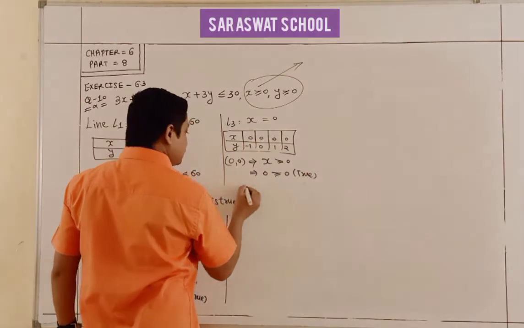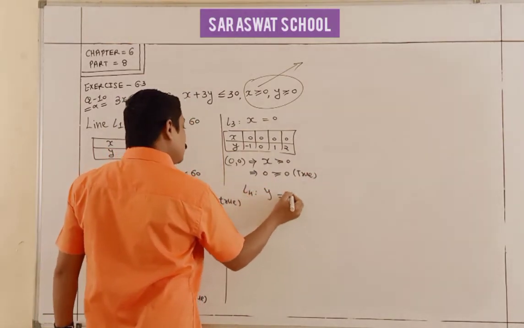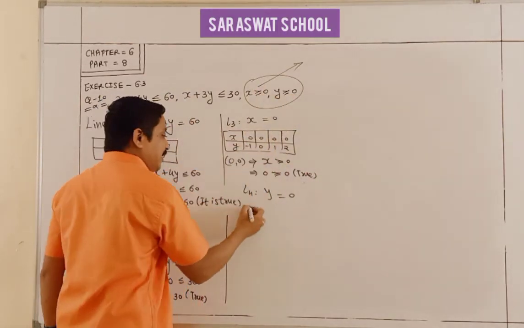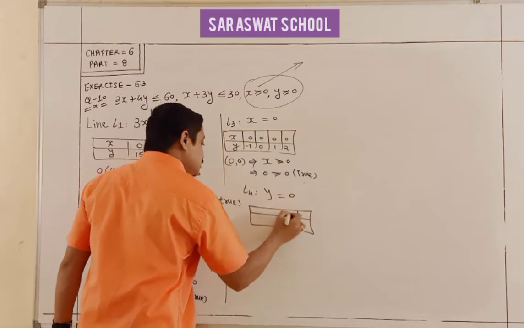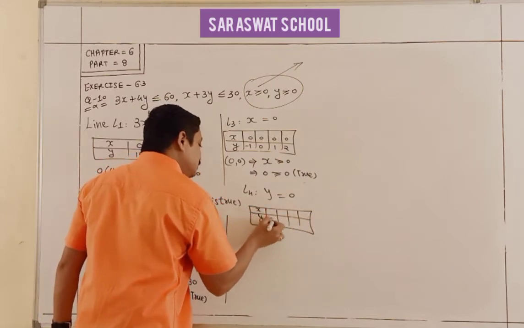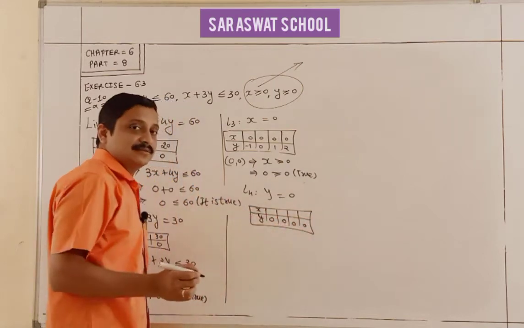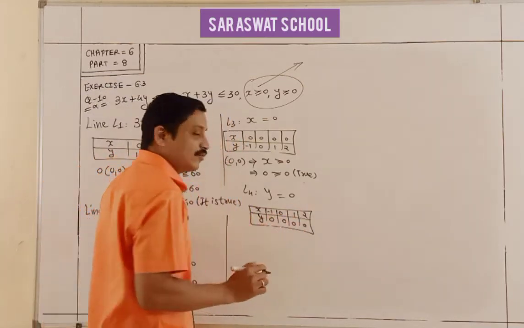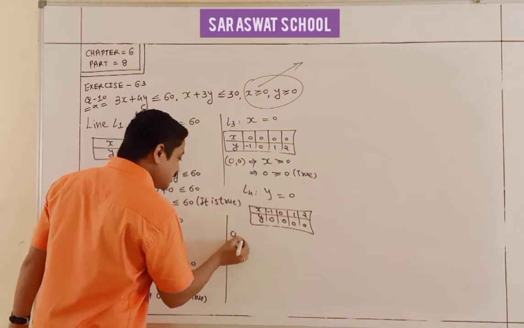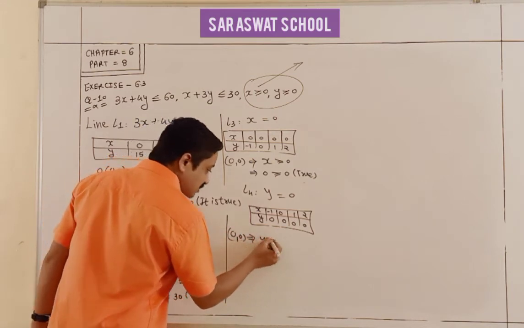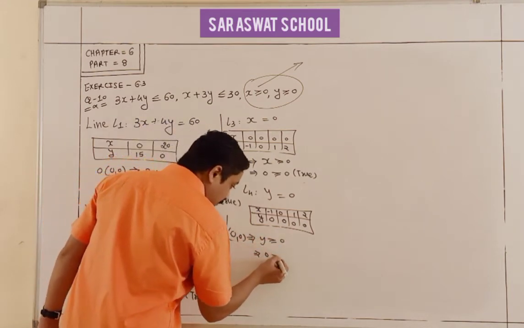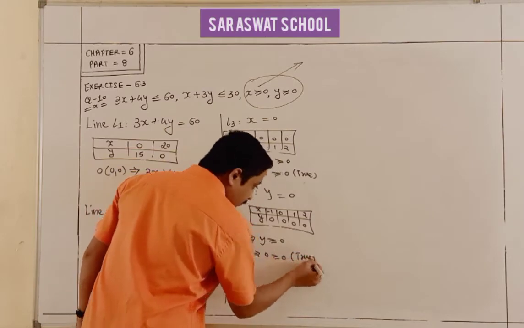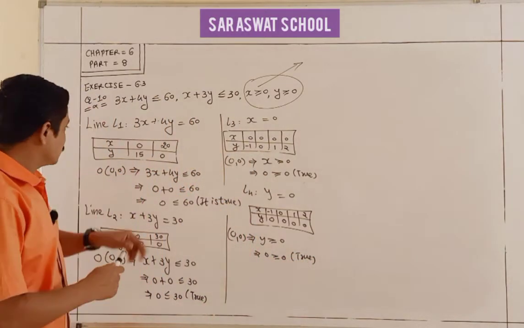And the last, L4 line, relates to this form of inequality. Here also, students, you just write y is 0, x take minus 1, 0, 1. Very easy. And here also you confirm: is your answer true or not? It is true. Now I shade the portion.